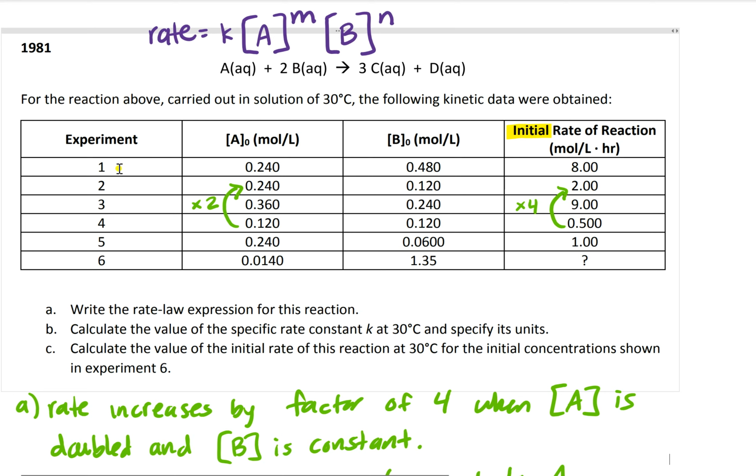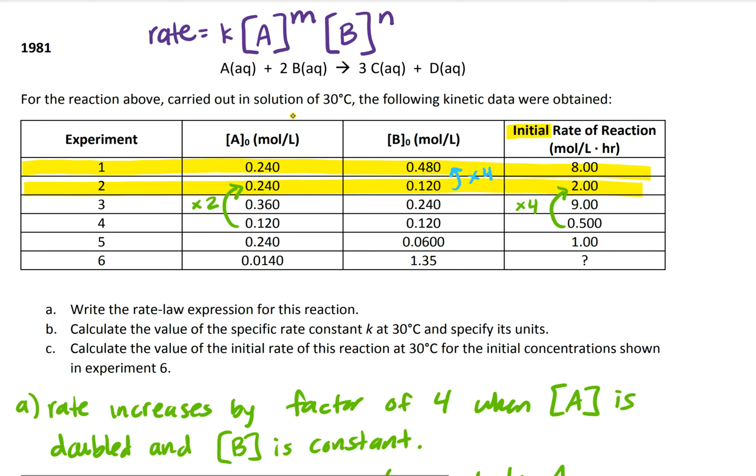So I see here experiment number 1 and experiment number 2. A is remaining constant, but B is changing. So those are the two experiments I want to use. From experiment number 2 up to experiment number 1, the amount of B has been multiplied by 4.